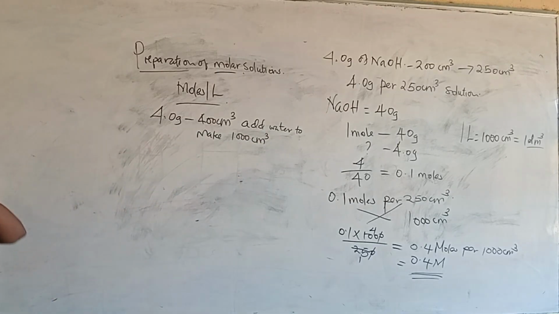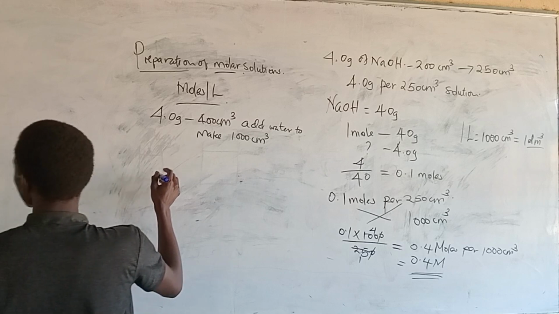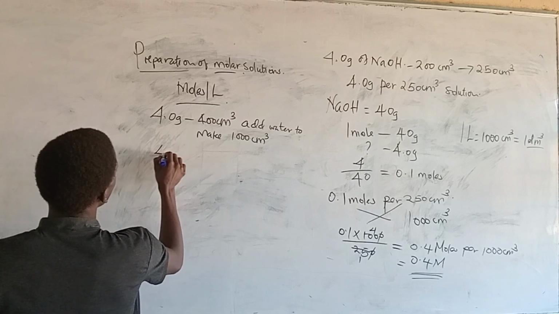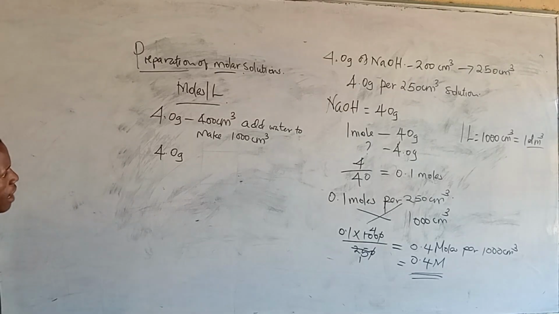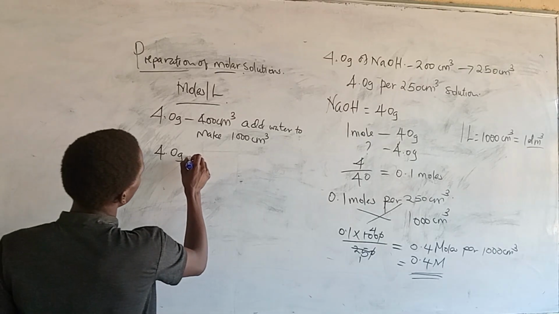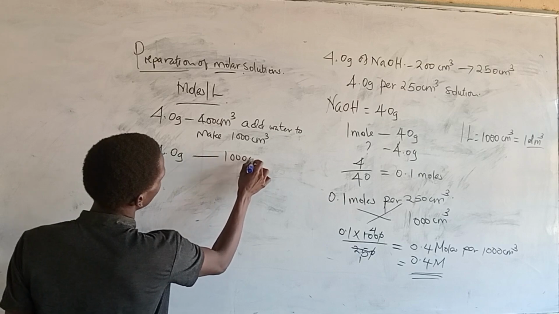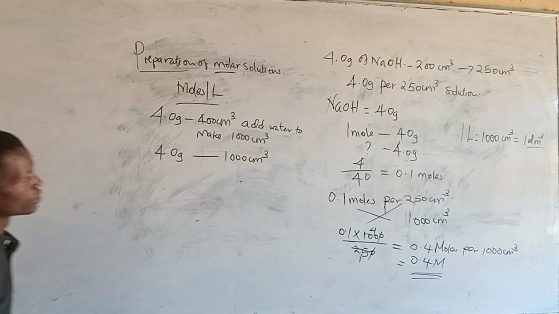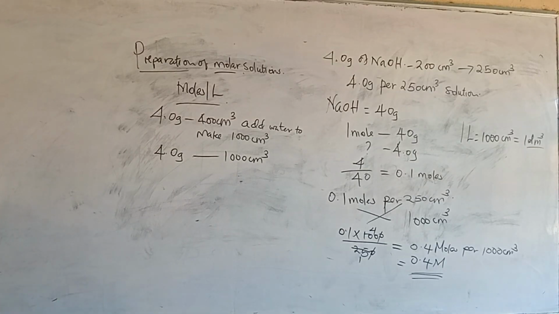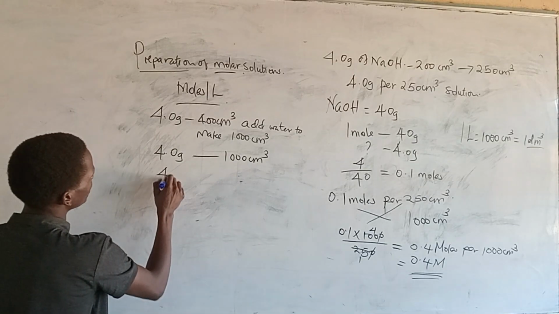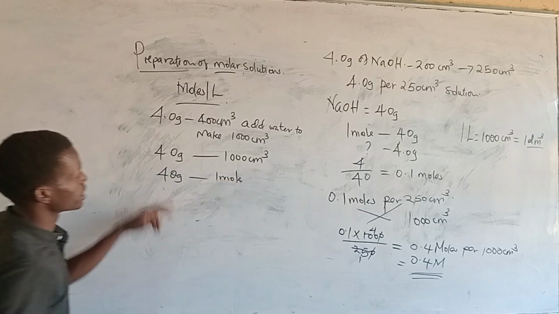So we want to determine the molarity for this solution. We are going to say that 4.0 grams were dissolved in 1,000 centimeter cubed, so this can be our concentration. But we know the molar mass for sodium hydroxide is 40 grams, which is equivalent to 1 mole.